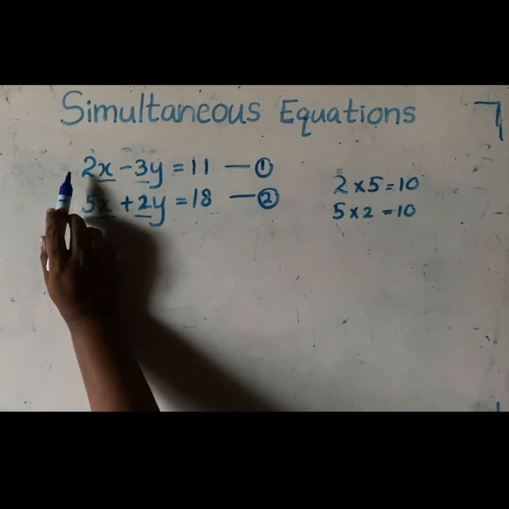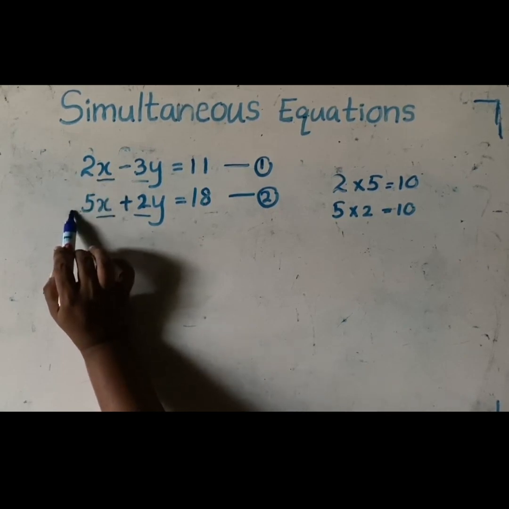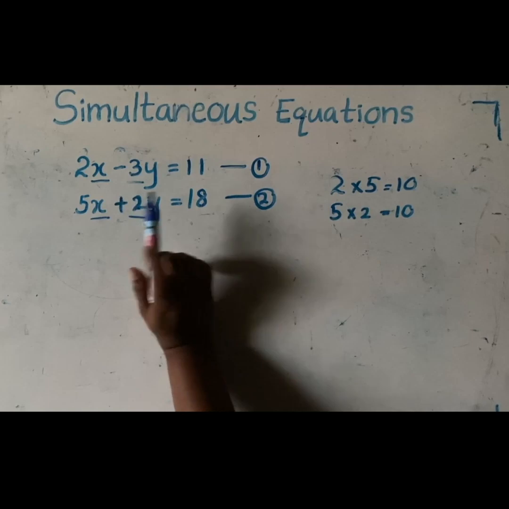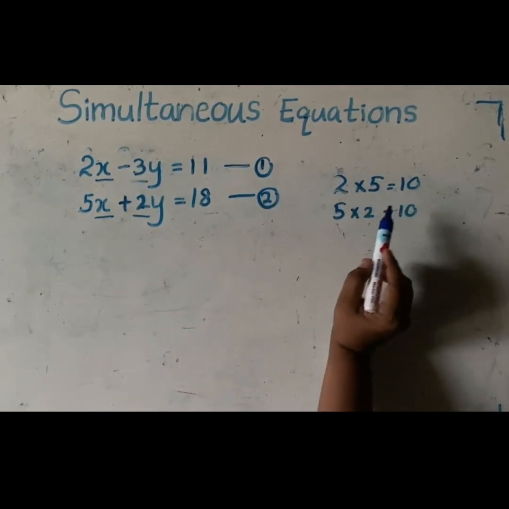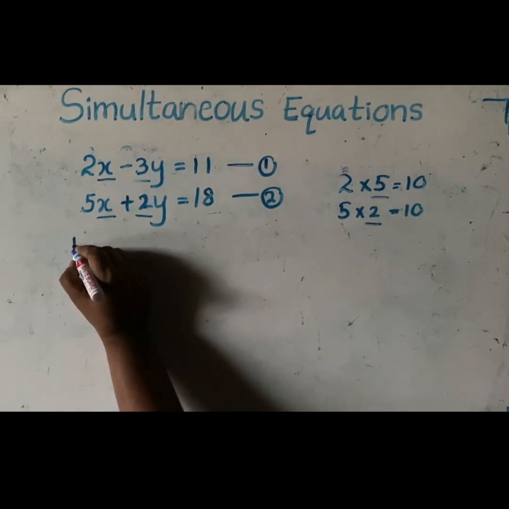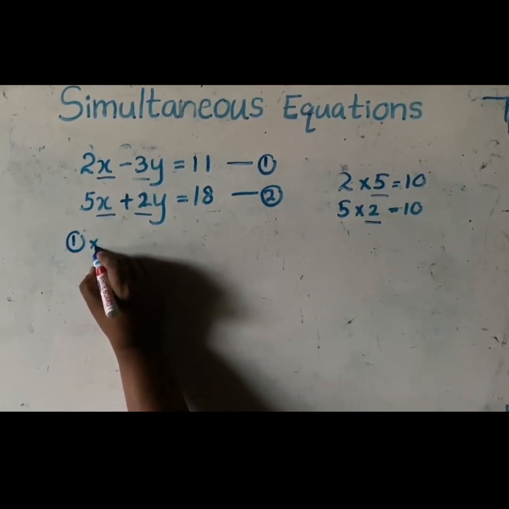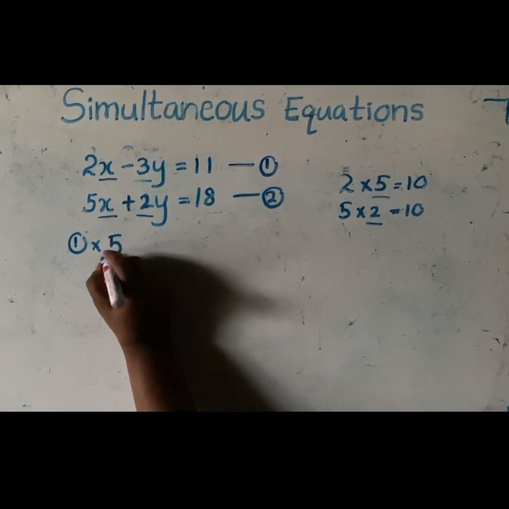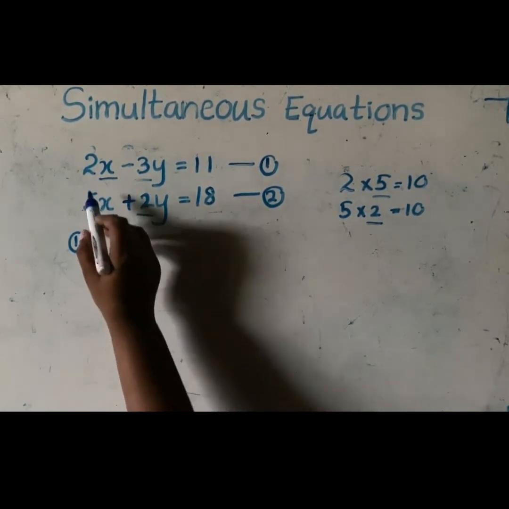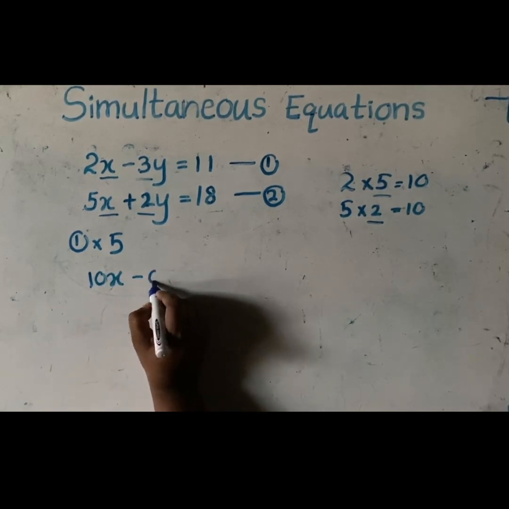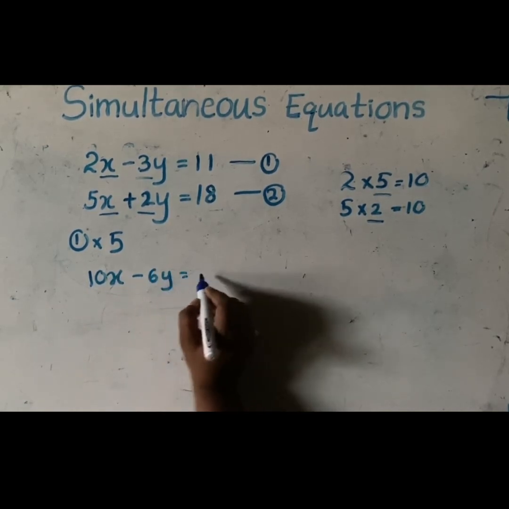So we can get the same coefficients for x by multiplying the first equation by 5 and the second equation by 2. Now we multiply the first equation by 5. Then 5 times 2 is 10x minus 6y equal 22.